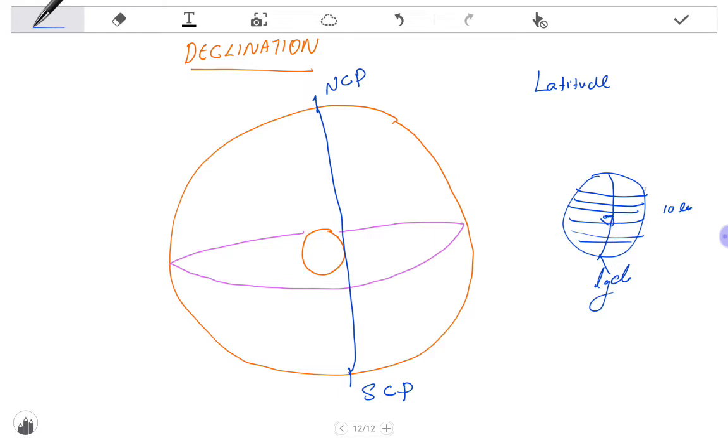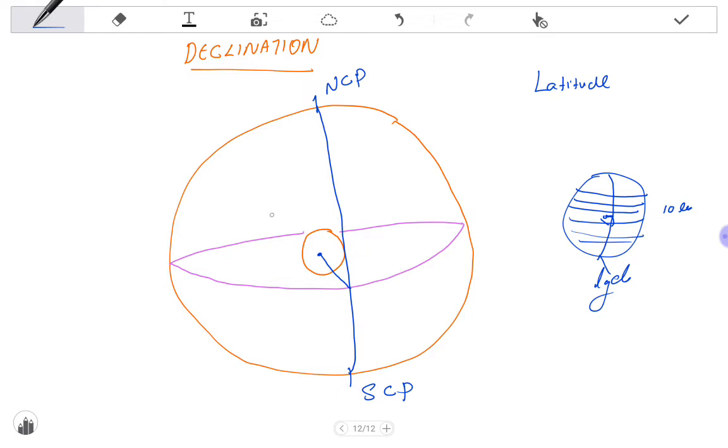Similarly, declination is an arc on the celestial meridian, or an angle.